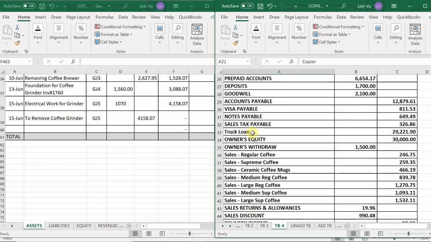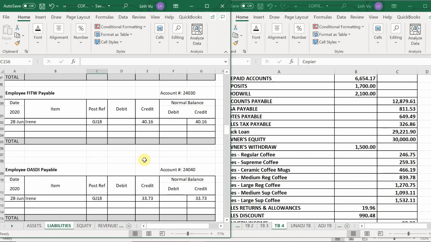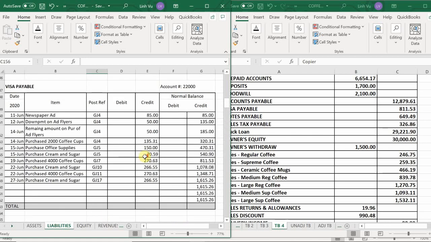So now we are moving on to our liabilities. Okay. So here we made a lot of liabilities, right? Because we introduced payroll. So therefore, we're going to be modifying this worksheet by adding a bunch of extra rows and lines in here.